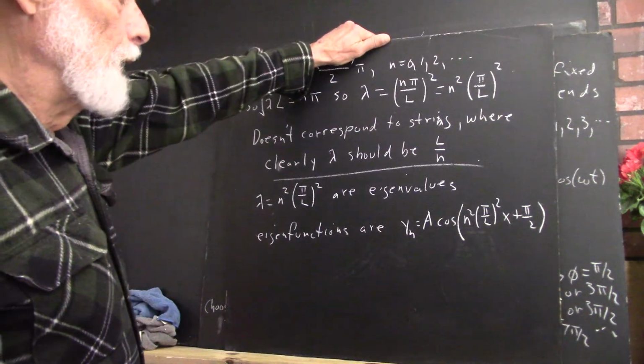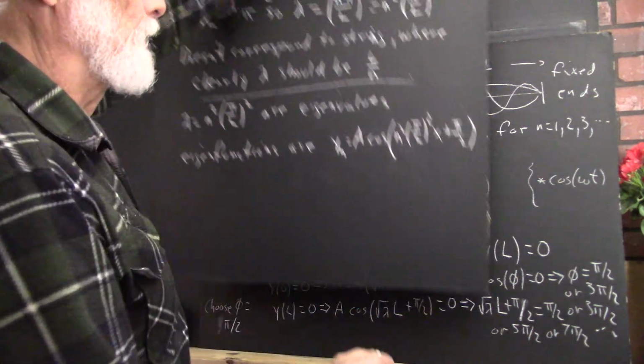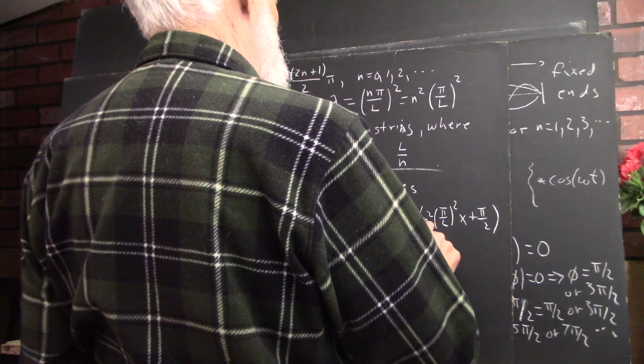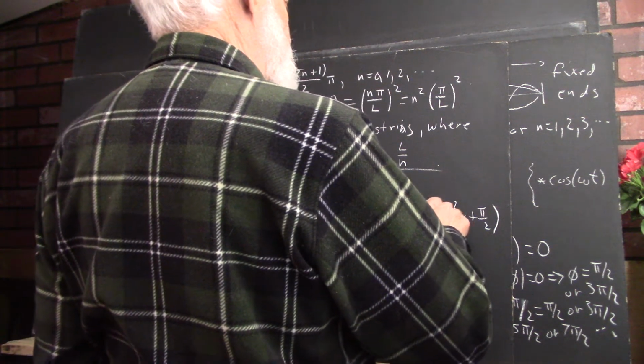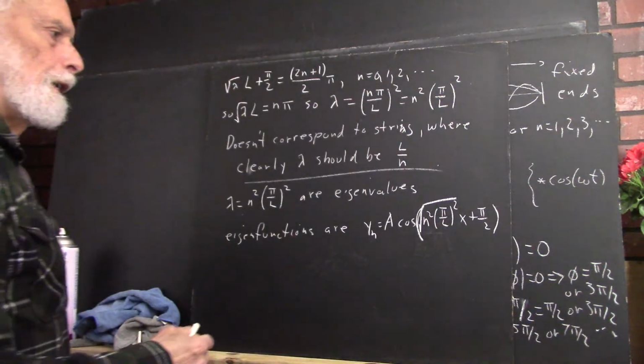Okay, and that simply goes back to, here's the form of your solution, and it's a square root of lambda times x. And wait a minute. Yeah, okay, I had a brain freeze there.